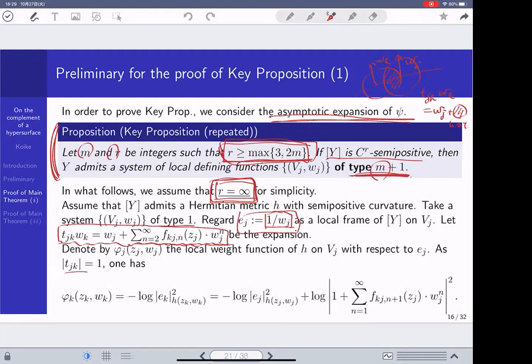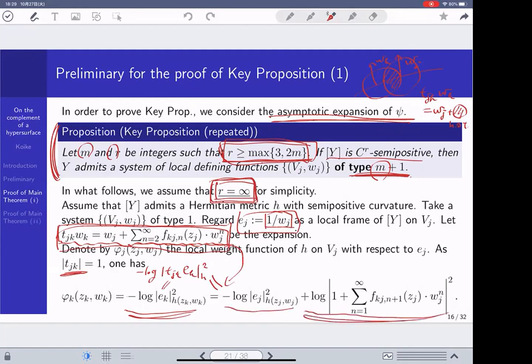Then, as Tjk is a unitary constant, one has that phi k is equal to this one by definition of the local weight function, and it is equal to minus log of the square norm of Tjk ek, and so by using this expansion, it is minus log of the square norm of ej plus the remaining terms.